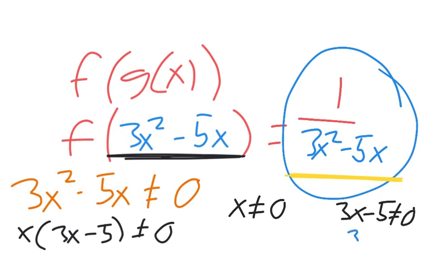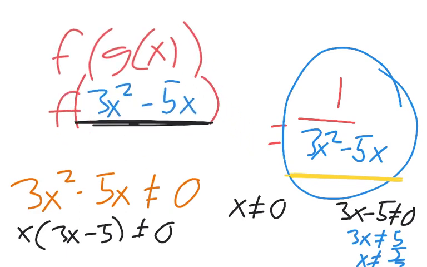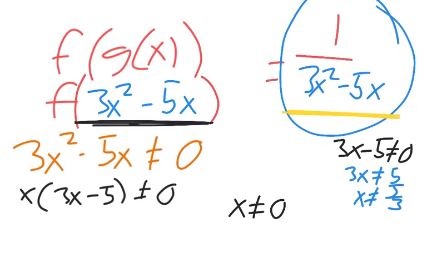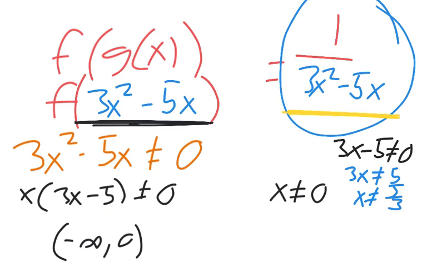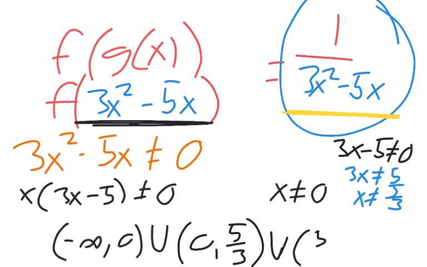If we solve here, 3x cannot be 5, so x cannot be 5/3. So this has two problems with the domain. It can't be 0 and it can't be 5/3. So we could say the domain is from negative infinity up to 0, union 0 up to 5/3, union from 5/3 to infinity.